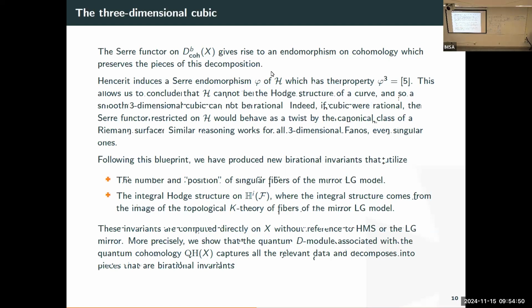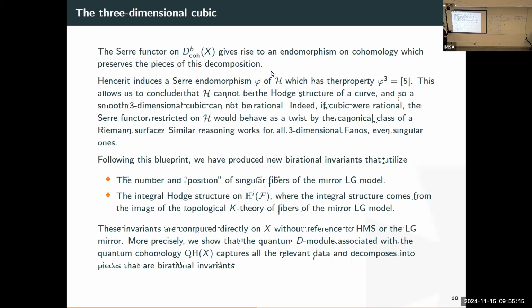So the Serre functor can never be the Serre functor of a Riemann surface. And if you assume this being a birational invariant, then you get that these three-dimensional Fanos cannot be rational.